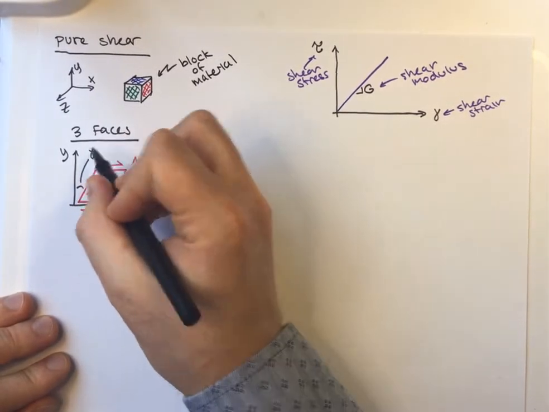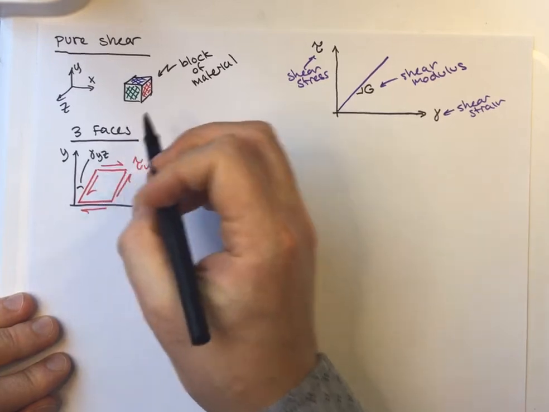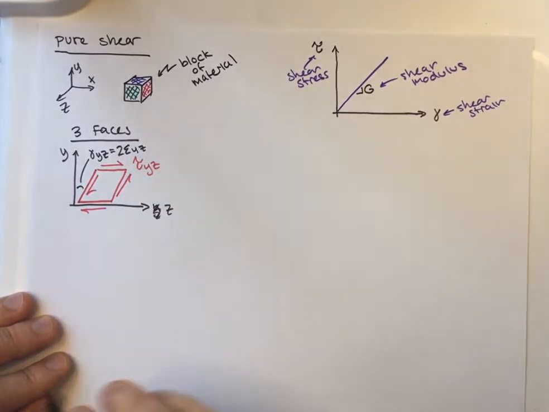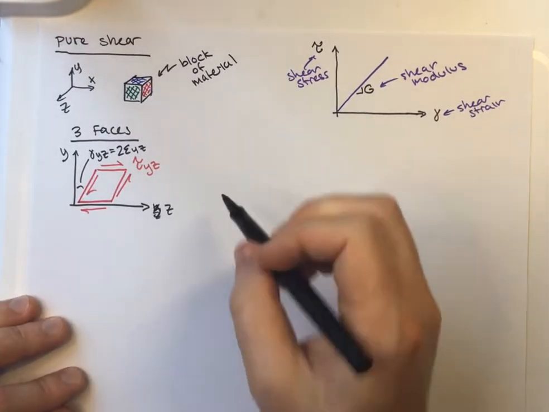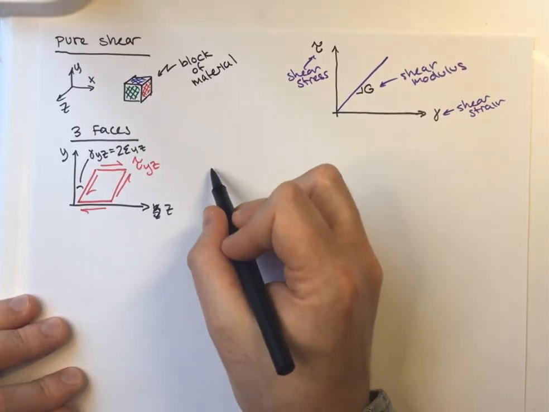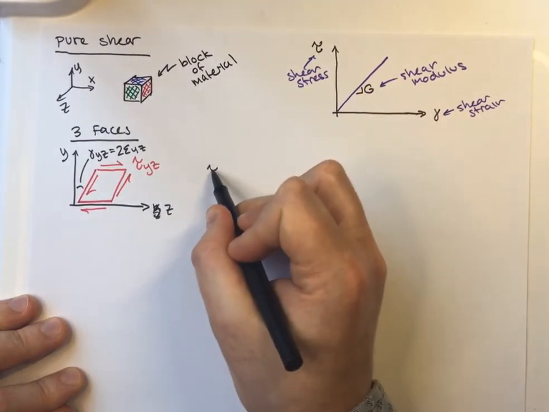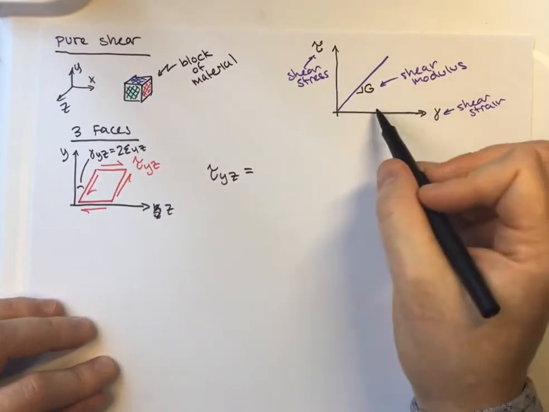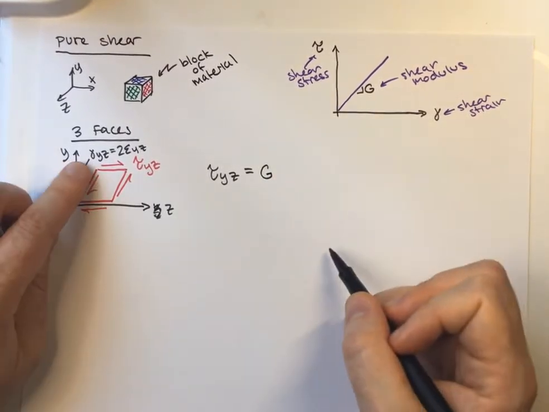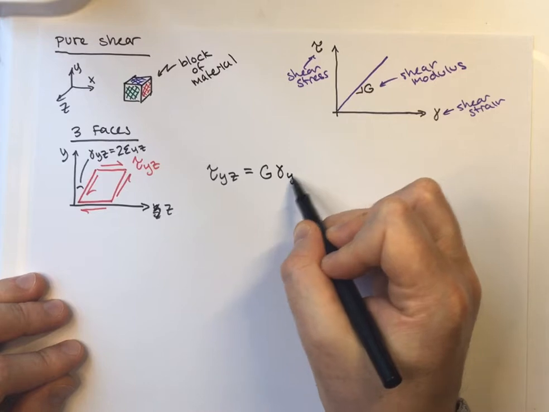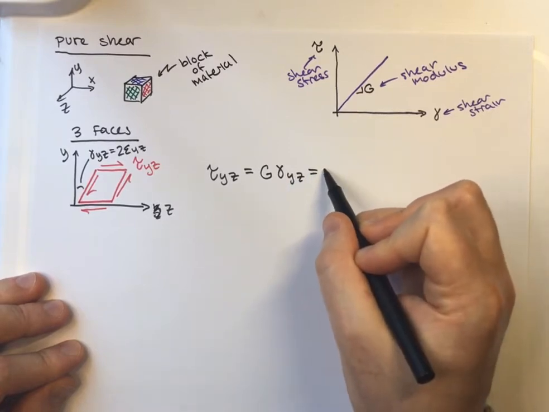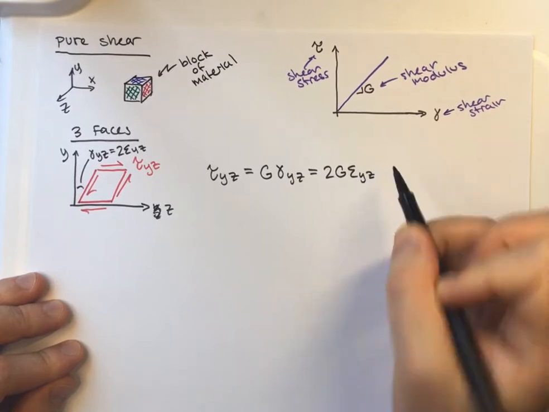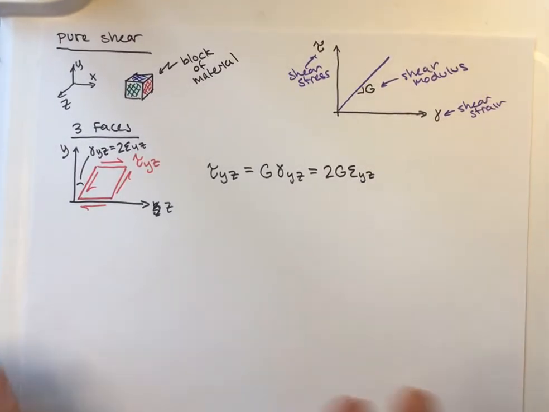That's going to be gamma YZ, which remember is equal to 2 times epsilon YZ. Okay, so if we want to know the shear stress, tau YZ, that's going to be equal to G times gamma YZ, which again is just twice the epsilon value. Okay, so that's one face.